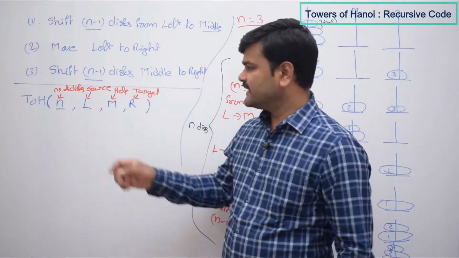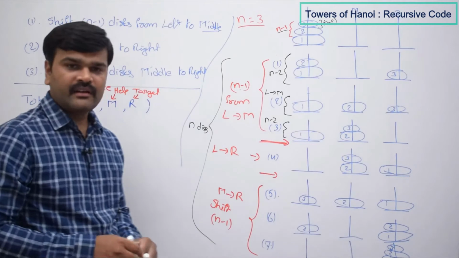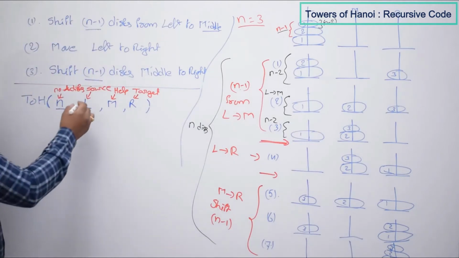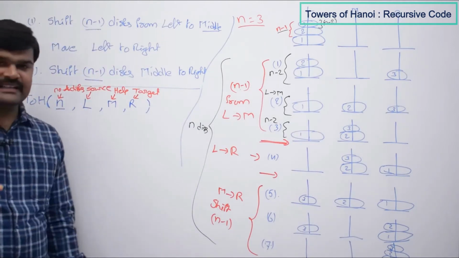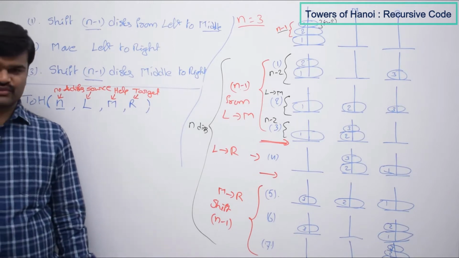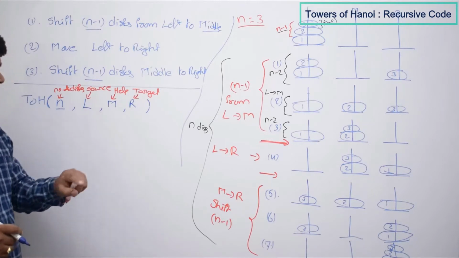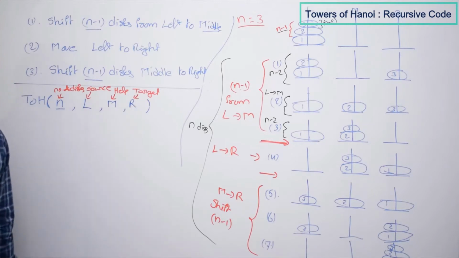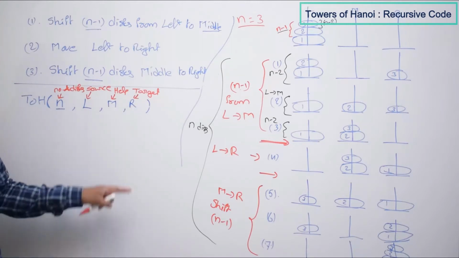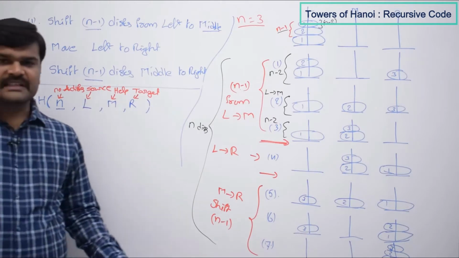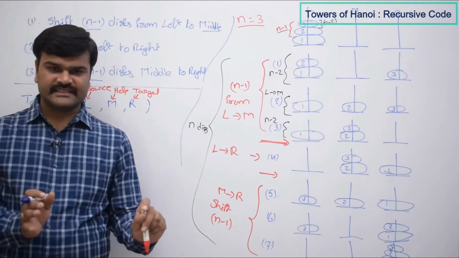The first parameter is the number of disks. The second parameter is where these n disks exist, that is the source. And then to where you have to shift these n disks: we have to shift to R tower in this case. Now M will become the helping tower here to shift these n disks.